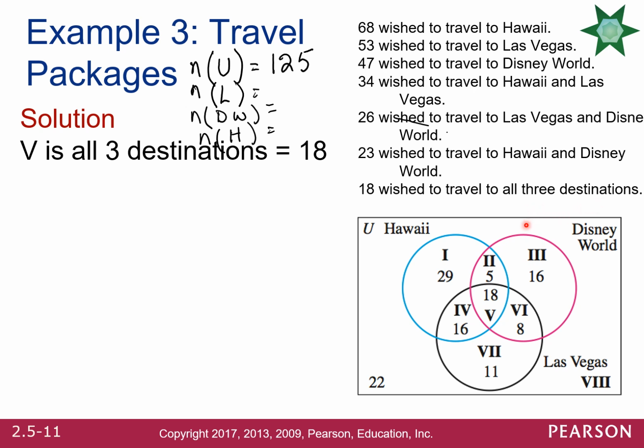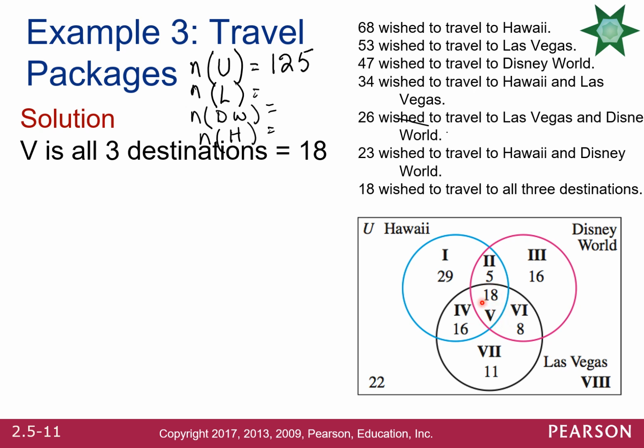Keep in mind, we start by filling in the intersections, beginning with the intersection of all the sets, all three sets in this case. They have explicitly said 18 wish to travel to all three destinations, so we don't have to do any calculations here. We just take this number 18 and put it in region 5.